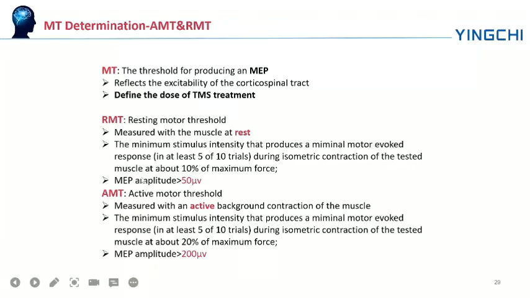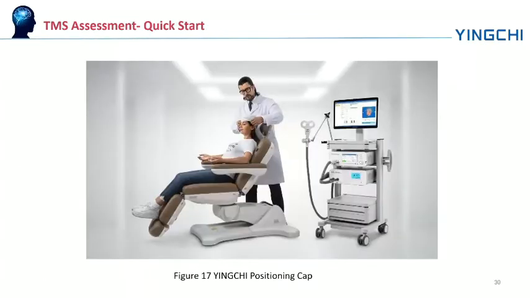For the RMT, the MEP amplitude needs to be above 50 microvolts. And for the AMT, the MEP amplitude needs to surpass 200. Oh, sorry.